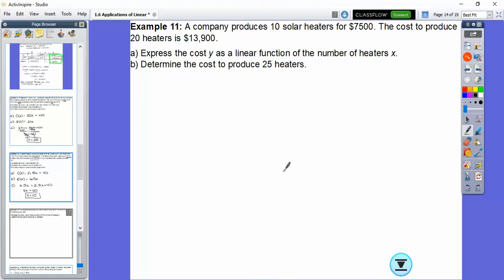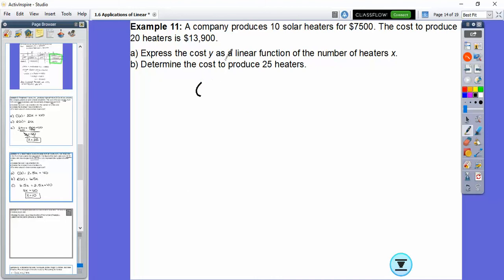So, did I just give you your slope and your y-intercept on this one? I gave you, what did I give you? I gave you ordered pairs on this one. Can we still write the line from those ordered pairs? Yeah. Absolutely.